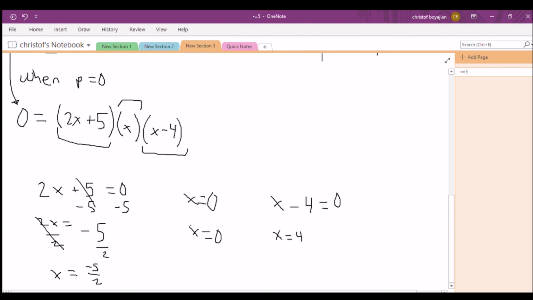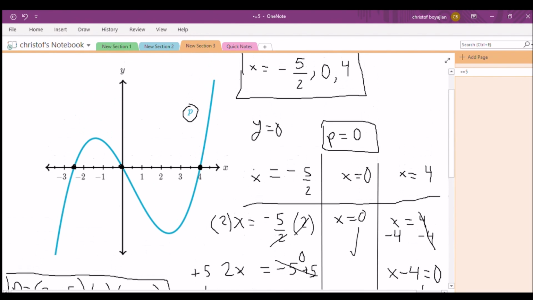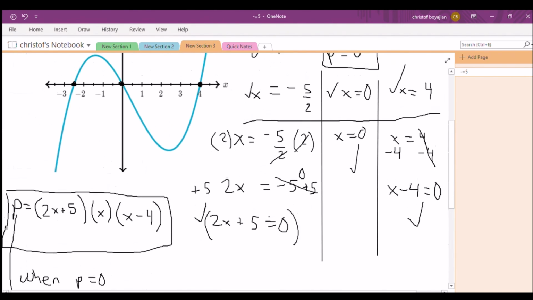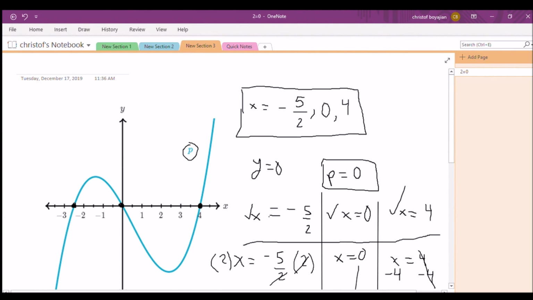And that's what we have said over here. So there you go. This is the concept of zeros of polynomials, radical expressions, exponential equations, logarithm equations, rational equations, any type of equation: when you cross the x-axis, that's when the y value is equal to 0.